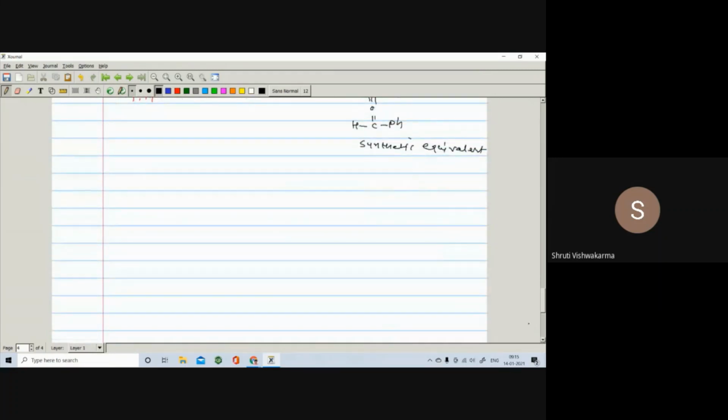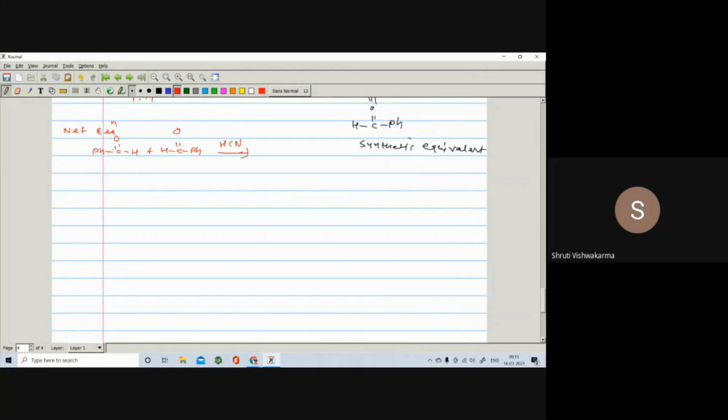So the net reaction is two molecules of benzaldehyde, PhCHO plus PhCHO. The reaction takes place in the presence of HCN, hydrogen cyanide.